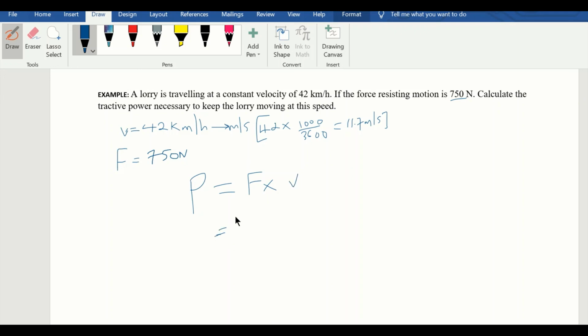My force is 750 times my speed of 11.7. When I put this in my calculator, I should get 8775 watts, or joules per second. So this is my final answer.